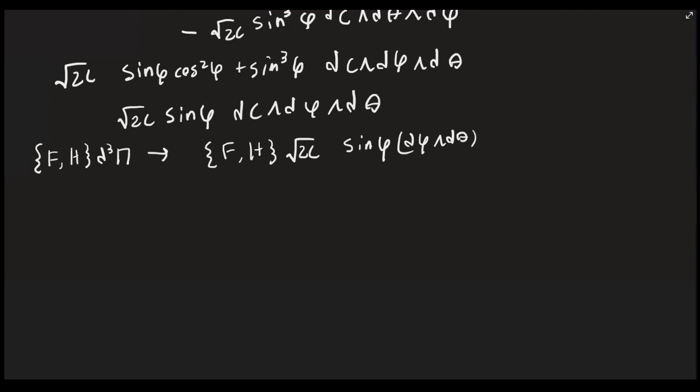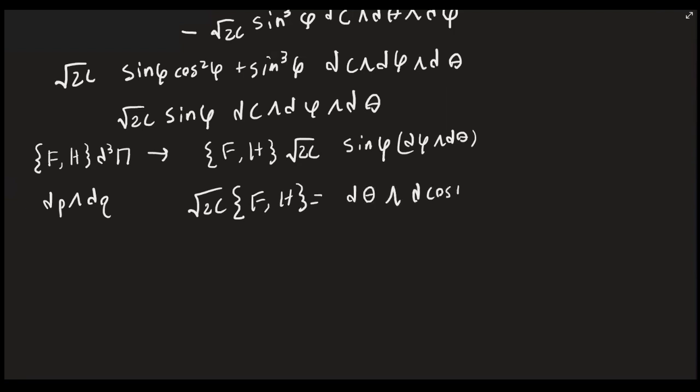But if we want to make this look like the canonical form of the symplectic form, then we can just put this in here and make it a cosine. So we get root 2c f h times d theta wedge d cos phi.